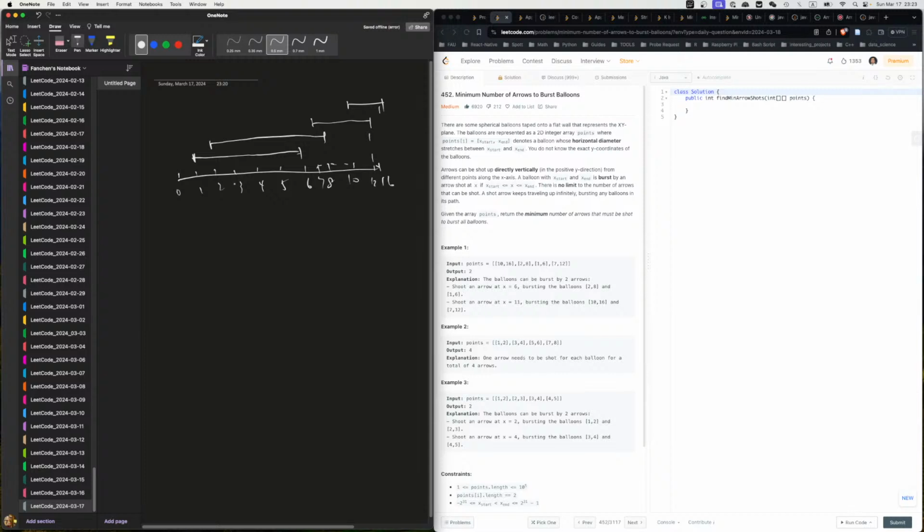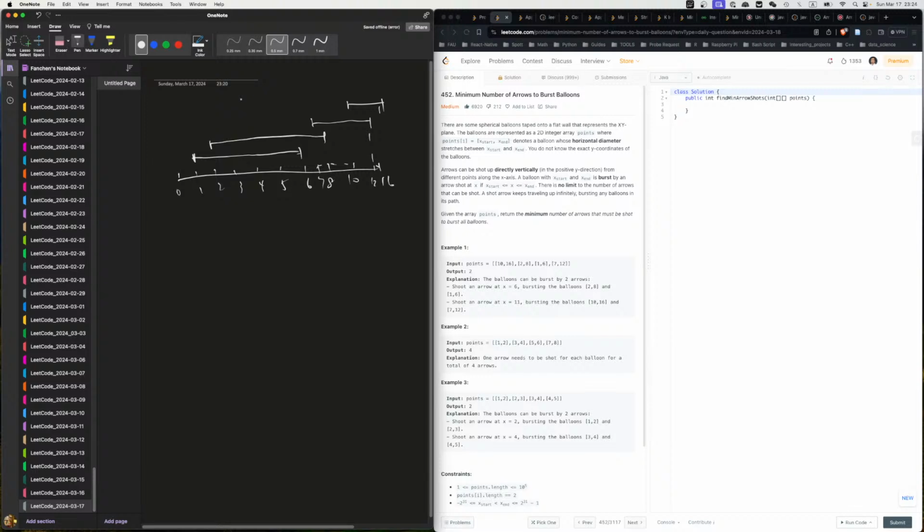Will that be optimal? Let's say for the first one, we try to stack as many balloons as possible, and then once we handle those, for the next one that's not been stacked, we try to stack as many as possible for that. So that's kind of one way of solving this.